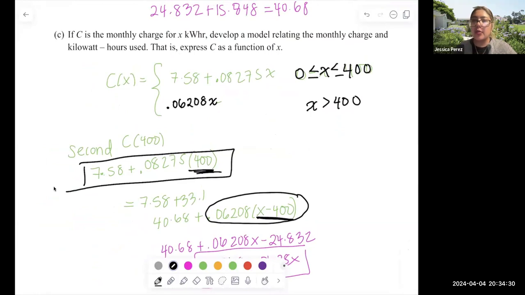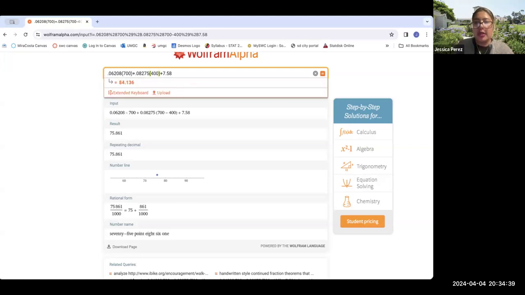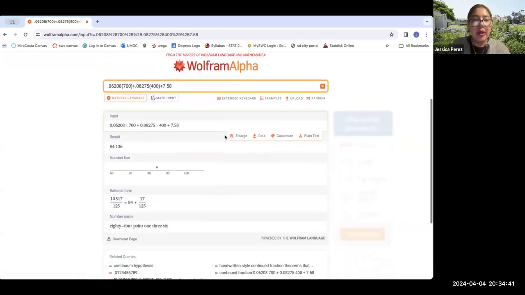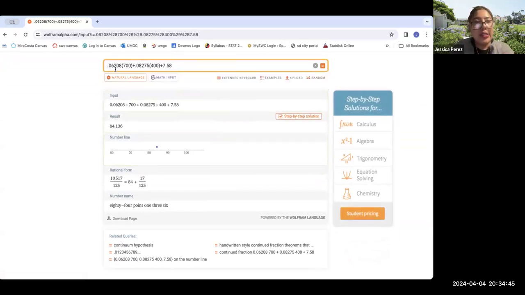Okay, so let's go back to our Wolfram Alpha. I want to show you really quick. So this one was using the 700. But if I'm using the original model, so I have my 0.06208. Let me see if I'm using that correctly. And then that's X minus 400.